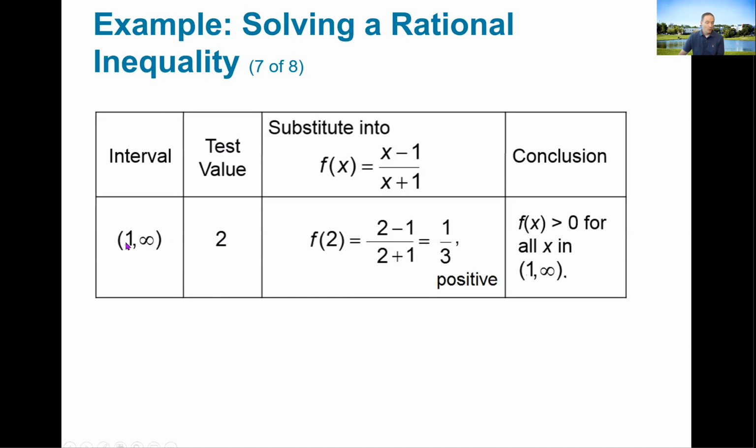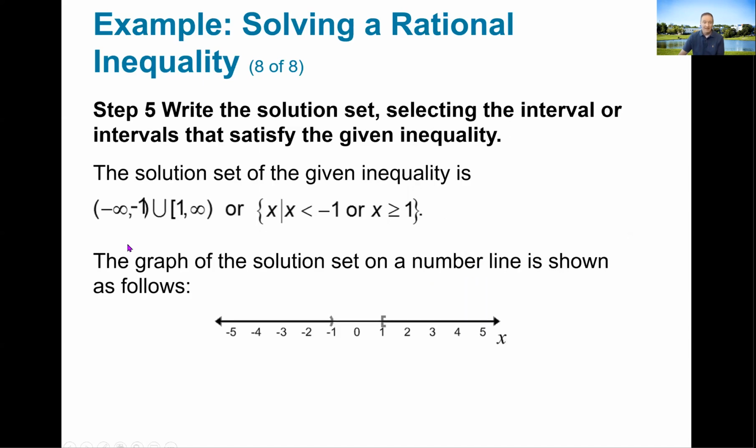But now, can 1 be part of the solution to this problem? Absolutely. It can and should be. So whenever you're doing your solution set, and I apologize for the bad typeface here, the solution set for this inequality should be the numbers between -infinity and -1 union bracket the numbers between 1 and infinity.